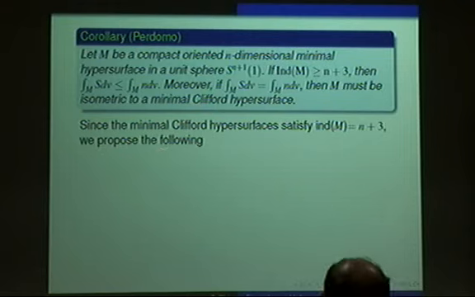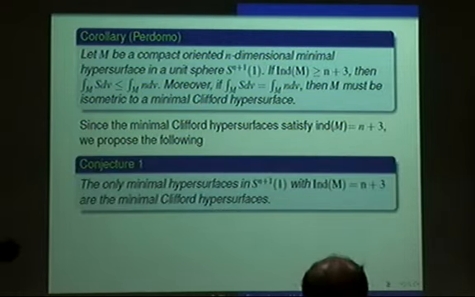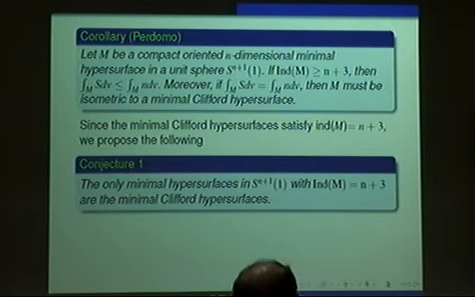So we propose the following conjecture. The first conjecture: the only minimal hypersurfaces in a unit sphere of dimension n whose index is equal to n plus 3 are the minimal Clifford hypersurfaces, meaning the Clifford torus.